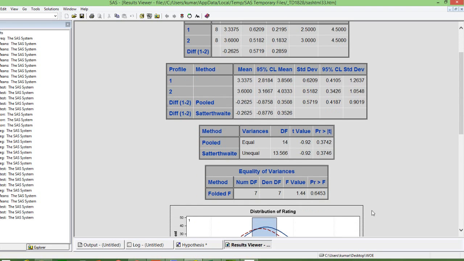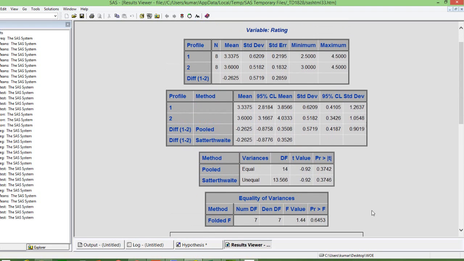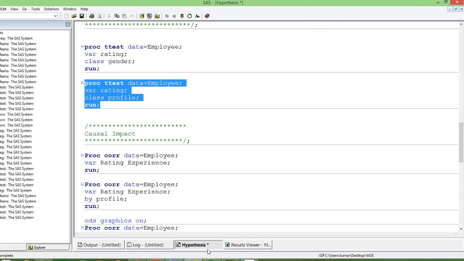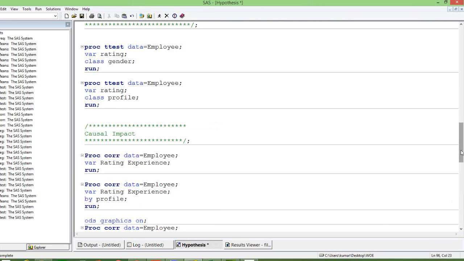And the p-value is actually greater than 0.05. So we conclude that performance levels don't differ across job profiles. They're pretty much the same. That's what we can conclude for the whole population, so that's the answer to the first question that we asked.